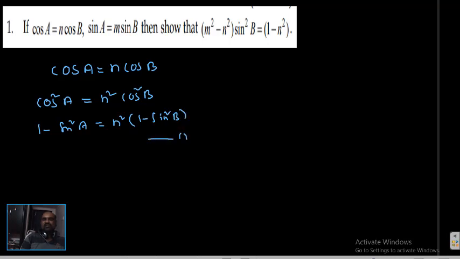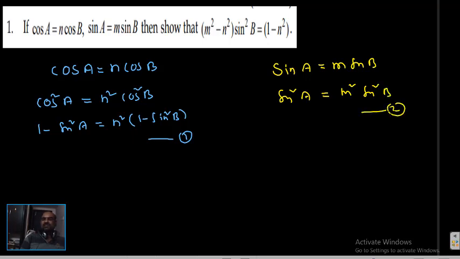This is result number 1. If you know the value of sin square A in terms of sin square B, I can substitute here. Second thing is sin A equal to m sin B, or sin square A equal to m square sin square B. This is taken as the second result.